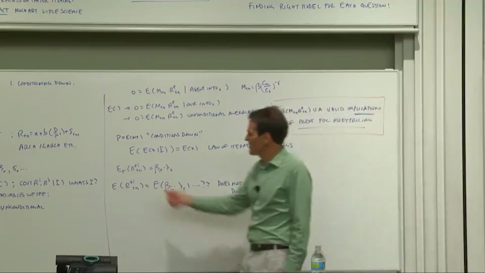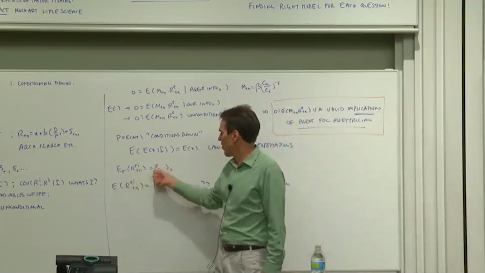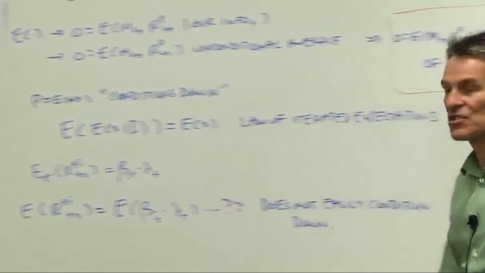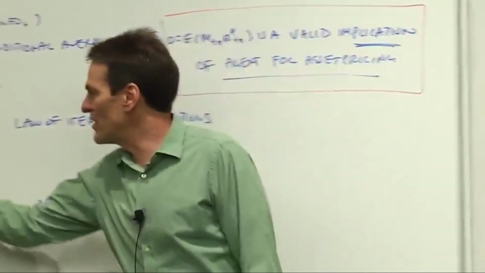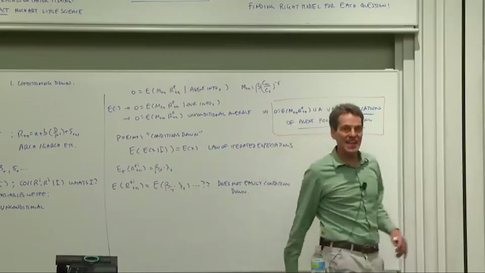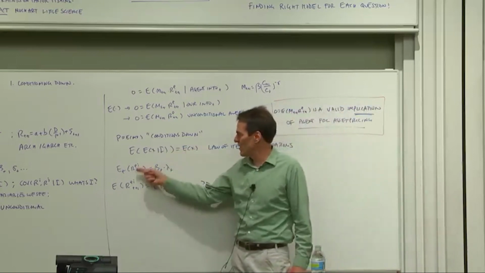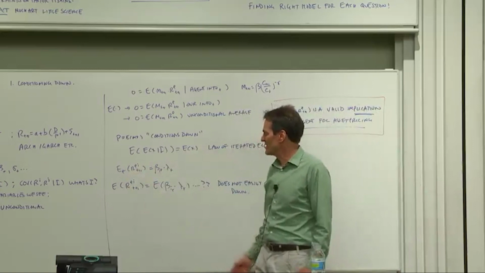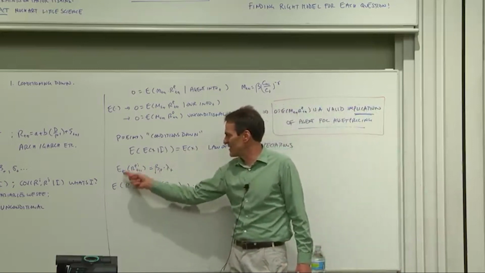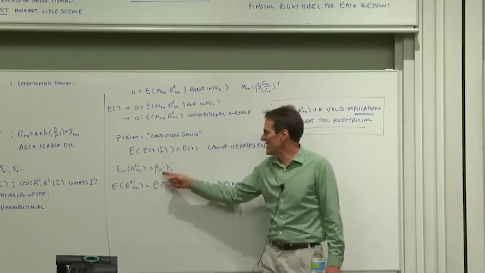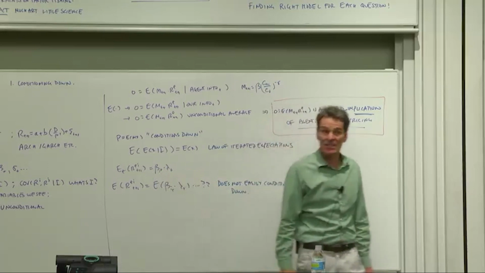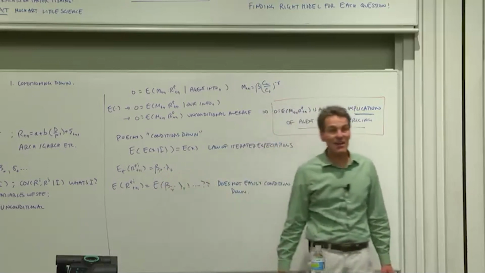If we started with expected returns are conditional betas times conditional factor risk premiums, where all of these conditions are in agents' heads based on agents' information sets, well, we can try again to condition down, take E of both sides, but we're out of luck. Yes, the left side conditions down, but E of beta_t times lambda_t, well, you're not allowed to bring the E inside a product.